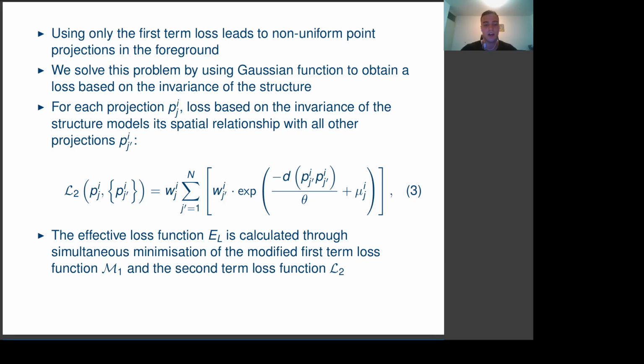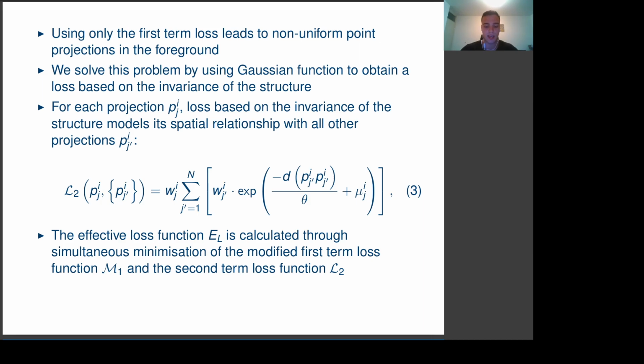The idea here is that we want the projections to uniformly cover the whole silhouette. They are right now in the center, as we saw in the previous slide, and with this L2 loss, they will be perfectly covering the silhouette.